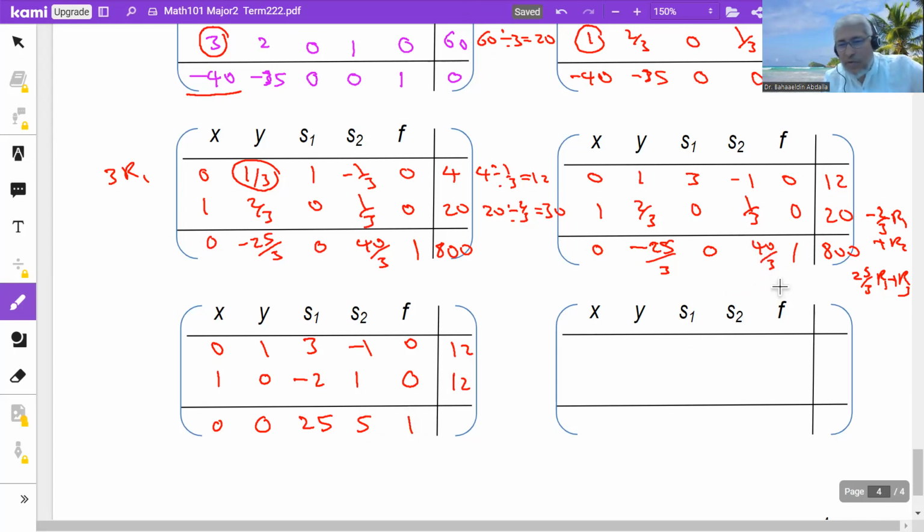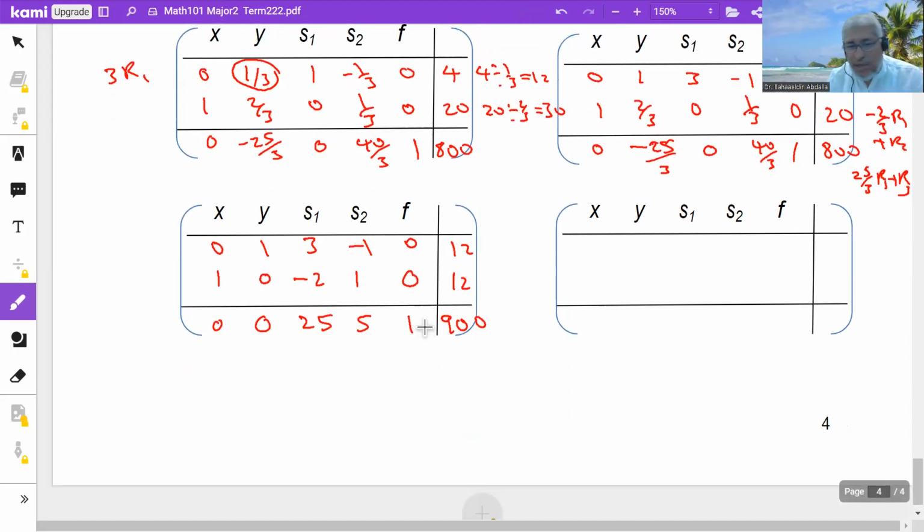And 0 will give you no change. 25 over 3 times 12. So it's 25 times 4, and that's 100, plus 800, so I'll have 900 here. And now this is the last tableau, because all the numbers in the objective row are zeros.